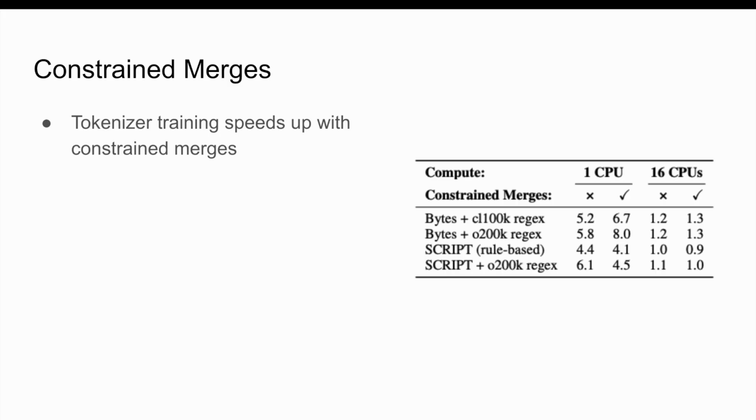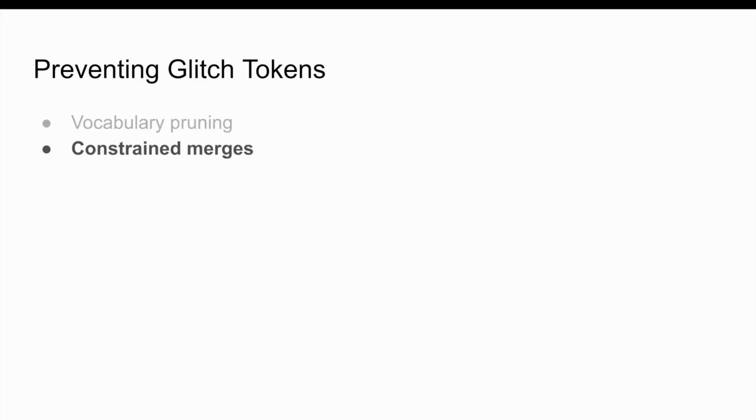It turns out that constraining the merges actually speeds up training with our script encoding. So it's actually faster training than the UTF-8 plus OpenAI pre-tokenizer, which is kind of nice. Right, so that's our proposal for constrained merges, which has to do with this script encoding.